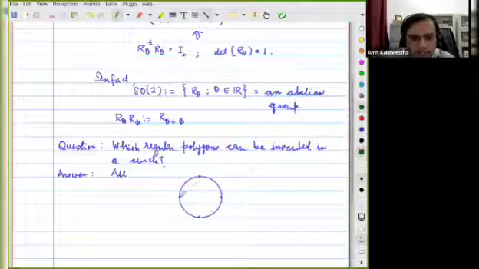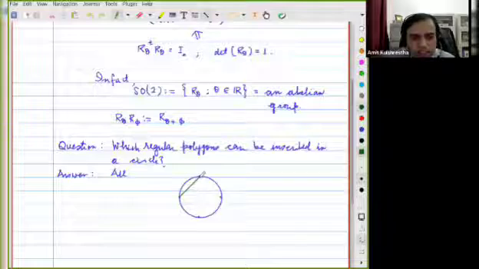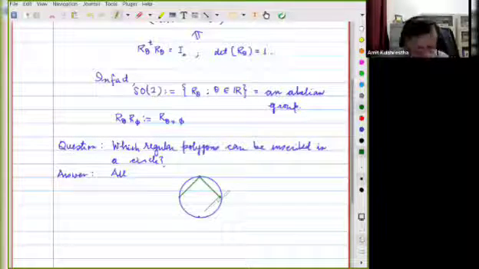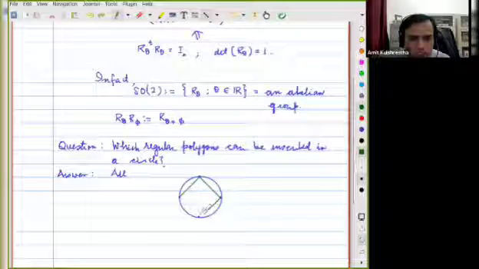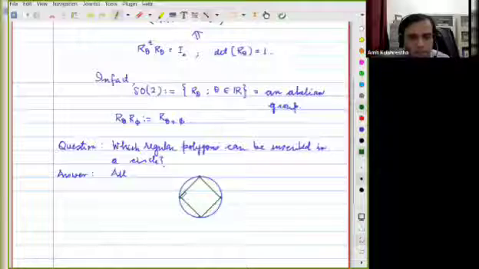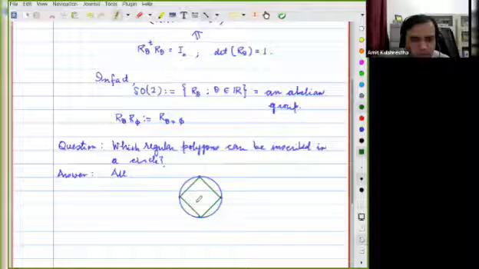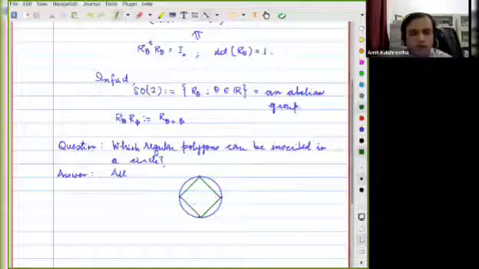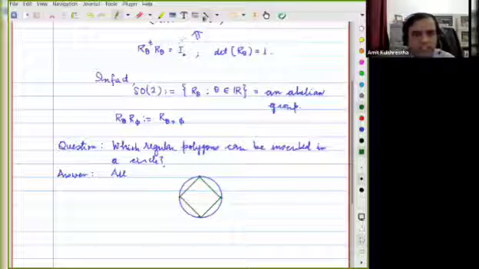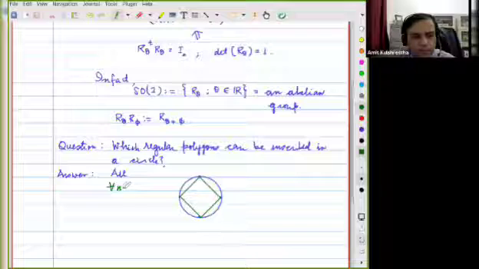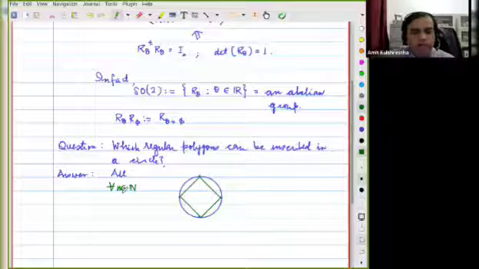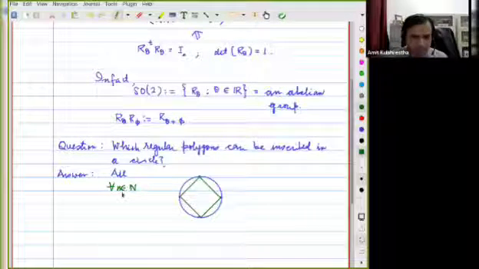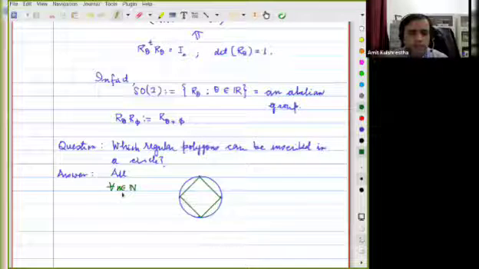I can inscribe one 4-gon inside it, because I can identify 4 equidistant points on the arc. Okay, so it works for every n. For every natural number, I have one regular polygon which is inscribed in a circle.